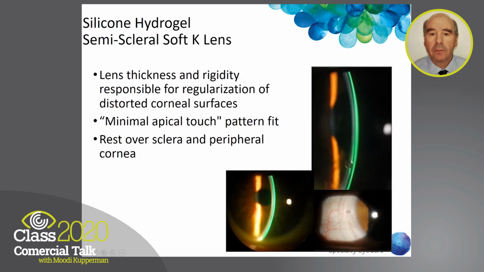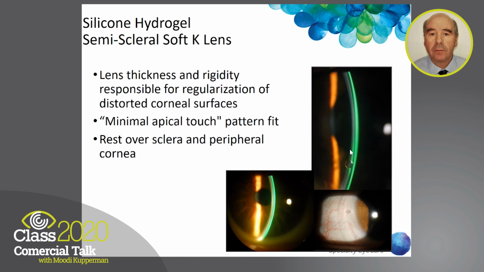We can see here the very nice fluorescein pattern that we pictured with these lenses. Of course, this is big molecule fluorescein, and we can see that the lens is riding over the cornea like a GP scleral lens, with minimal apical touch.